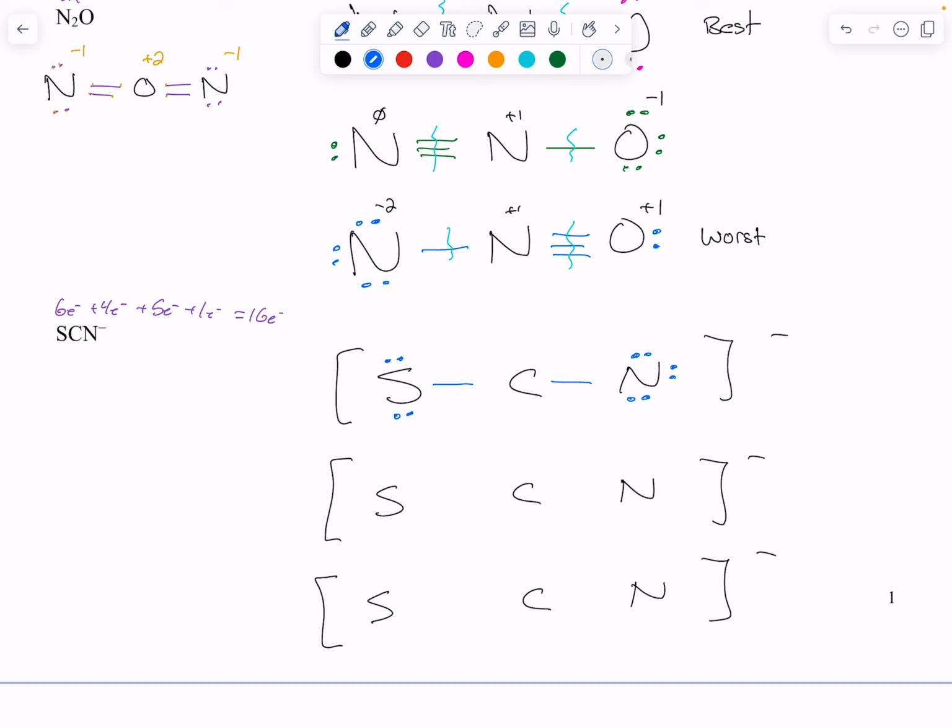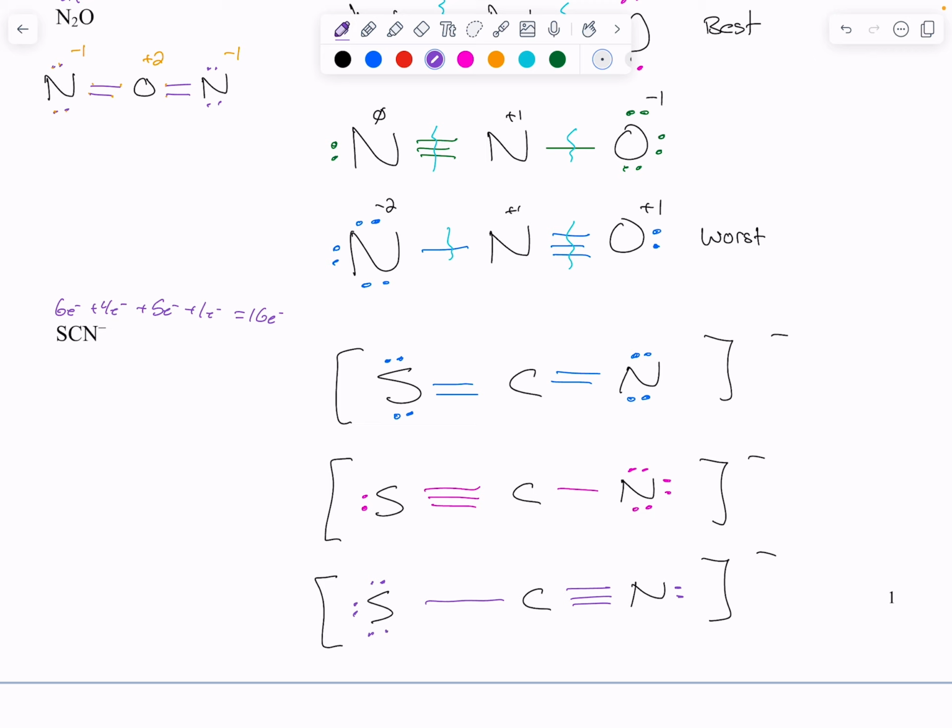I could double bond both sides. I could triple bond the sulfur. Or we could triple bond the nitrogen.